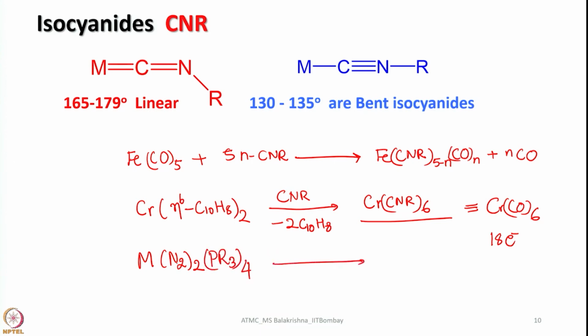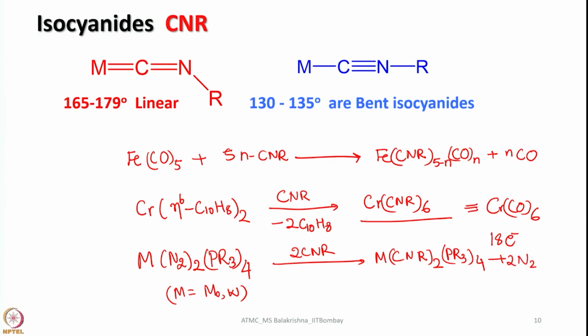If you take the bis dinitrogen complex of molybdenum or tungsten, of course here 2 N2 comes out.